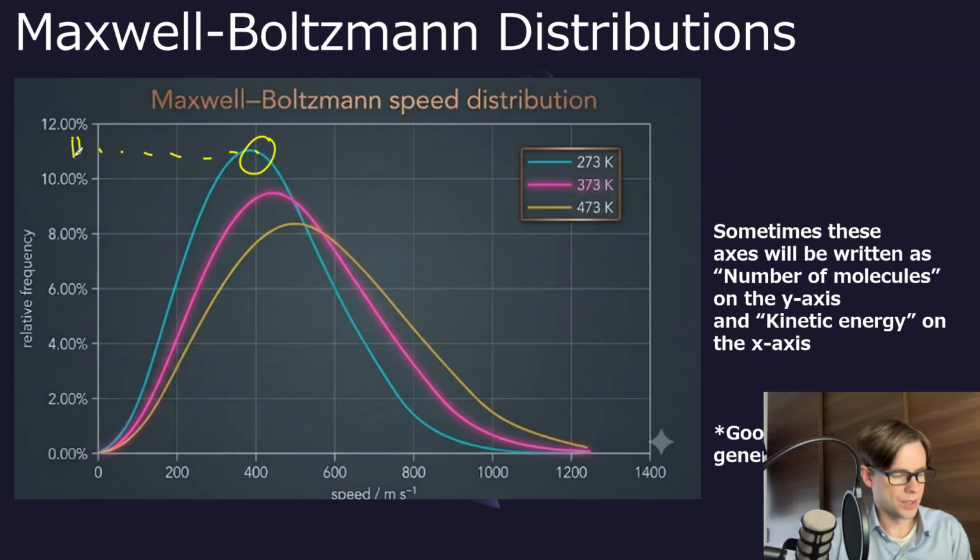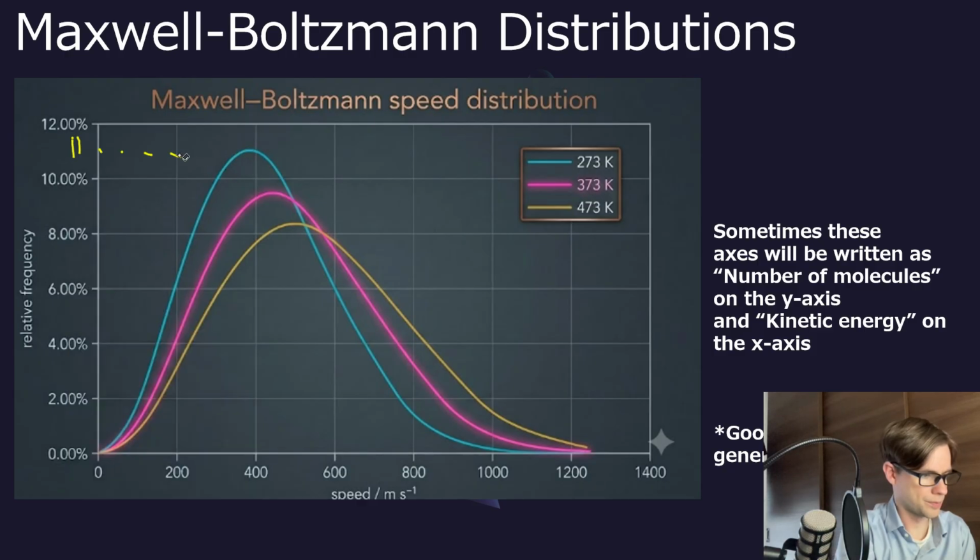And what else? So in this particular one I've shown on this slide, we've got 3 different temperatures. What can we notice as the temperature changes? So this is pretty typical of all samples of particles, atoms or molecules, but the lower temperature is shifted more to the left.